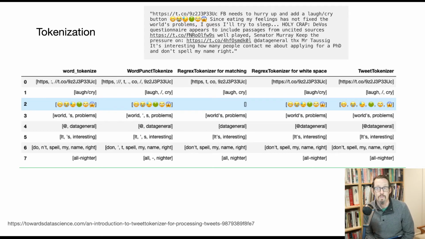So, do they handle funny, weird things like emoji or not? How do we break this up in a general purpose way? There's no one right answer. And some of these different tokenizers are going to do things that don't make sense for a human, where we go, this is not a word, this little piece, this apostrophe S. But sometimes natural language processing algorithms have come to depend upon that.